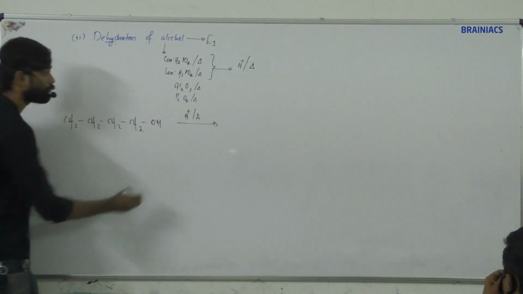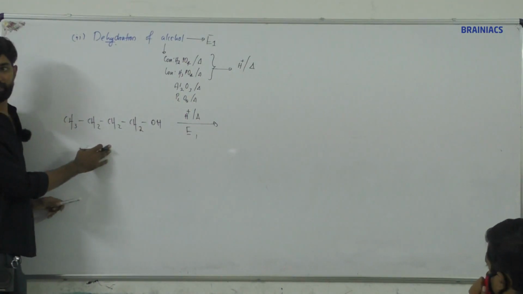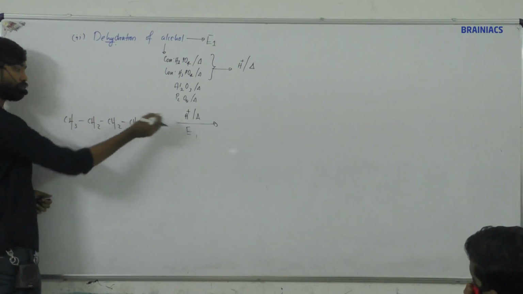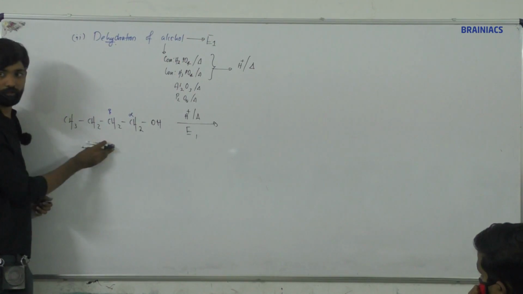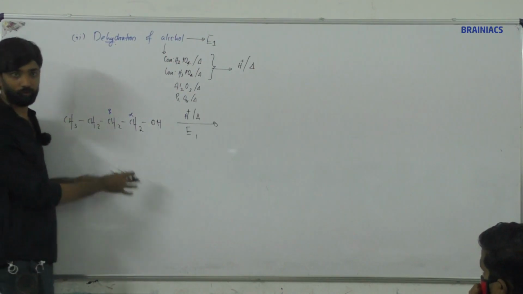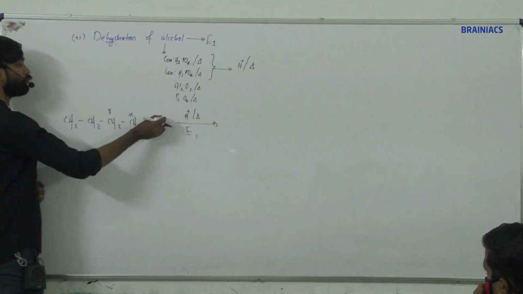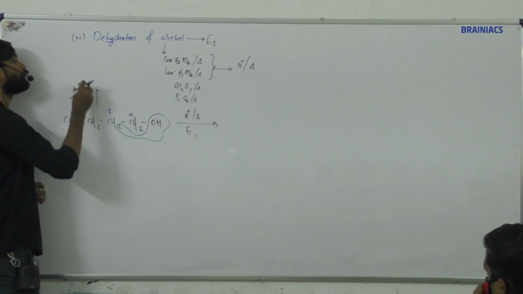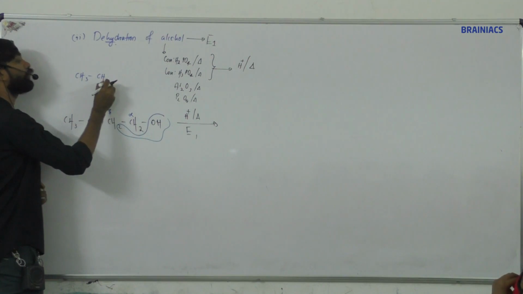Now the mechanism is E1. If someone does this without considering the mechanism, just like your dehydrohalogenation, what will be the product? Without considering the mechanism, the product will be but-1-ene.